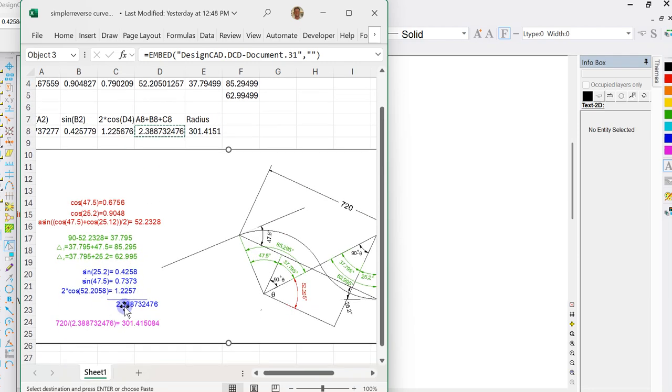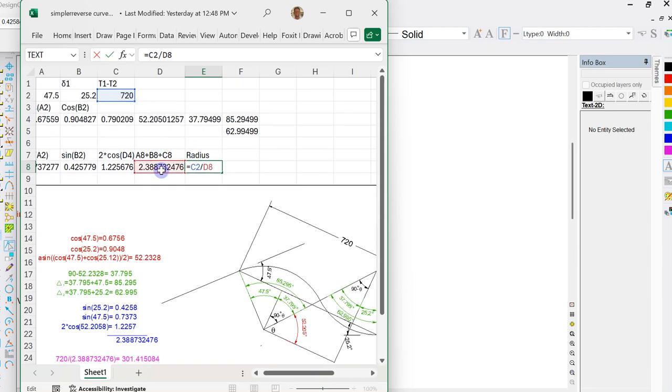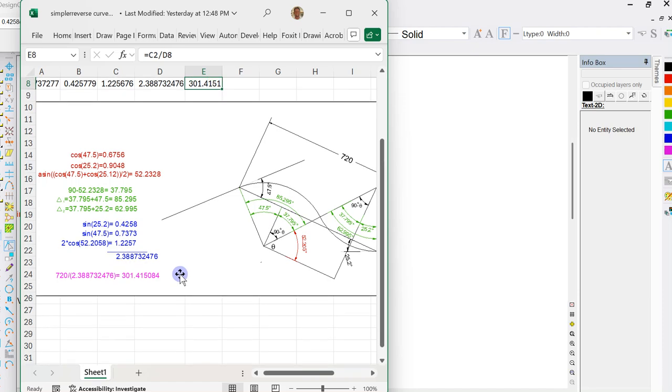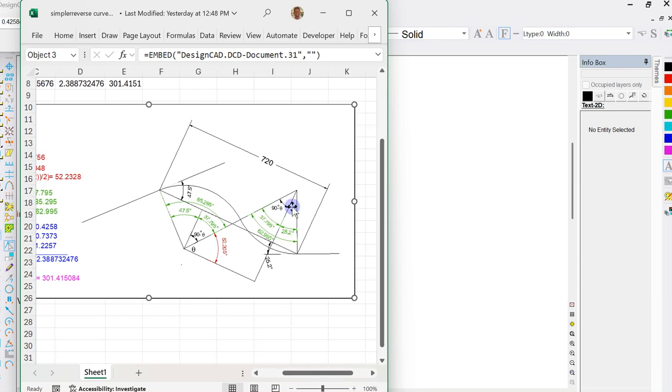And then here's the 2.38. If you take this last one, 720 divided by that number, it'll give you 301.41, and you have your radiuses. So from the point of tangency, point of curvature, if you come out there perpendicular, you got point A. And if you do the same thing over here, perpendicular, same distance, point of tangency, then you'll end up with 2 times that radius in between those 2 points to close out.